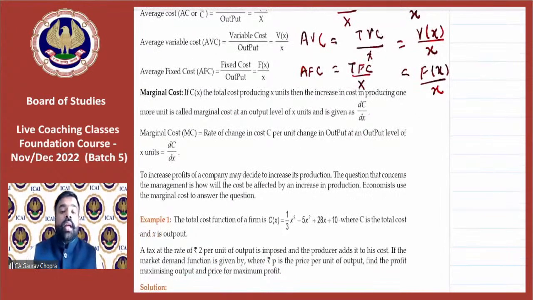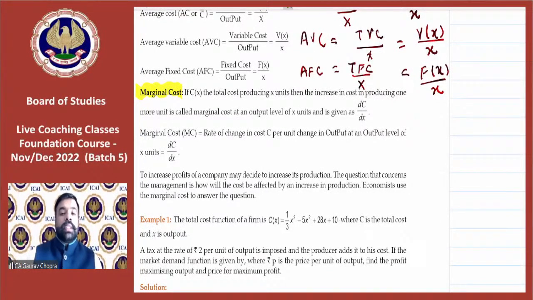Now, if we have to calculate the marginal cost from the given cost function, if we are given an equation for cost and we have to calculate the marginal cost, then what we have to do? Marginal means change. What is the meaning of the term marginal? It means change in output or change in cost. Here we are talking about cost, so change in cost with respect to 1 unit change in output.